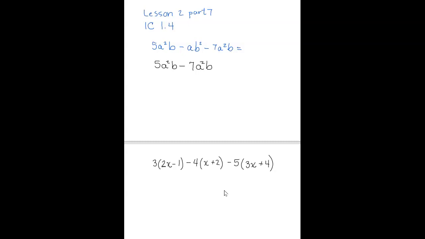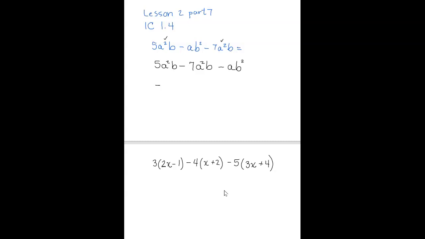All right, so this one's taken care of and this one is taken care of. And now I'm going to say subtract my ab squared. Again, I cannot combine this with these other two, but I've still got to keep it in the expression. All right, so here I've got my 5 and I've got a negative 7.